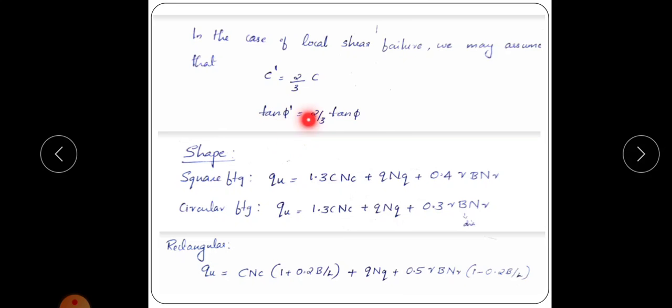Based on this, N C dash, N Q dash and N gamma dash have to be calculated or noted down from the table and substituted in the equation.